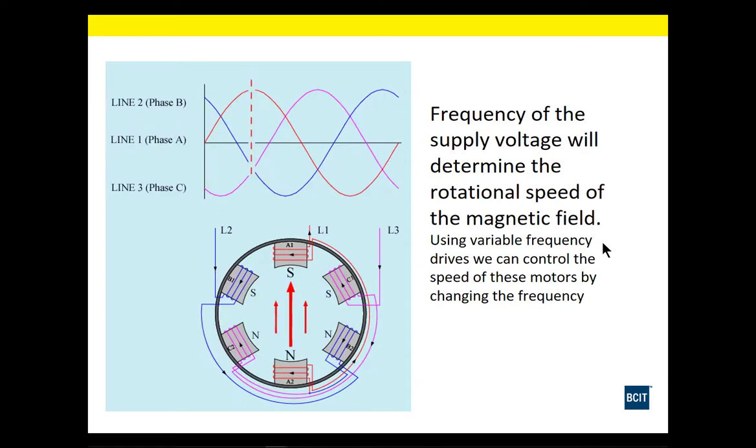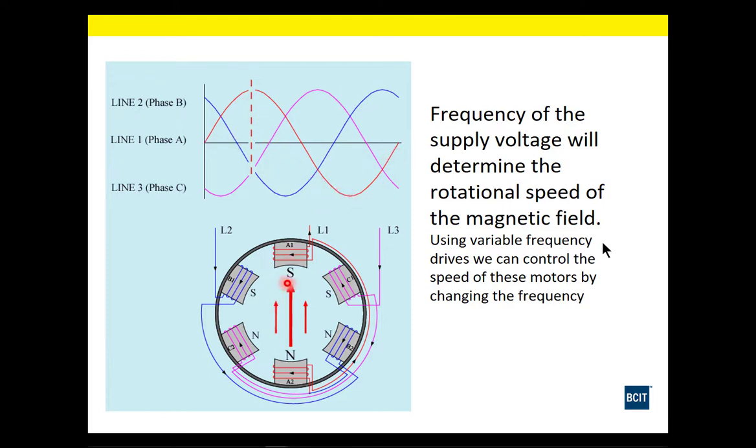Frequency of the supply voltage will determine the speed of the rotating magnetic field in your stator. We use variable frequency drives often to control the speed of these motors by altering their frequency. So if we decrease from a 60 hertz sine wave to 50 hertz, we're going to have fewer cycles in the same time.